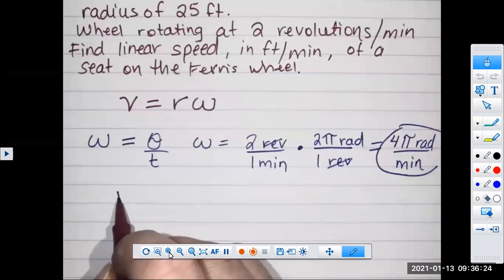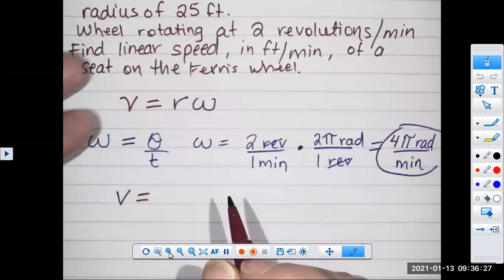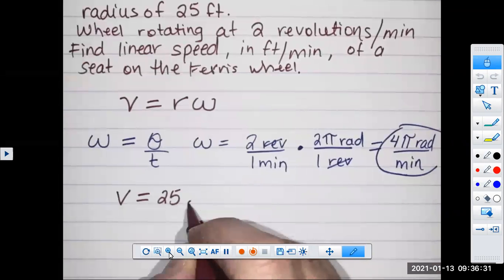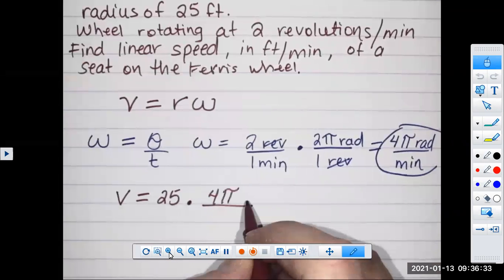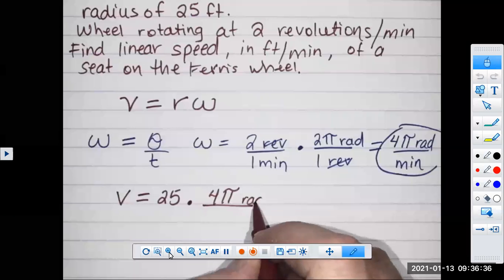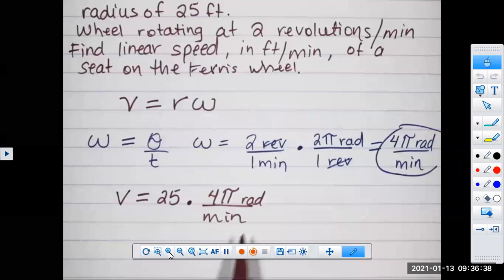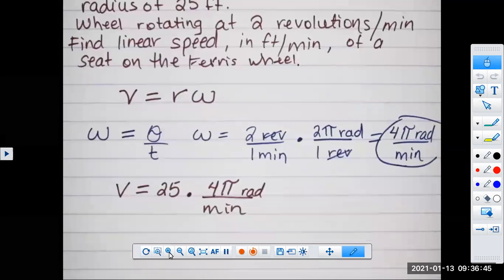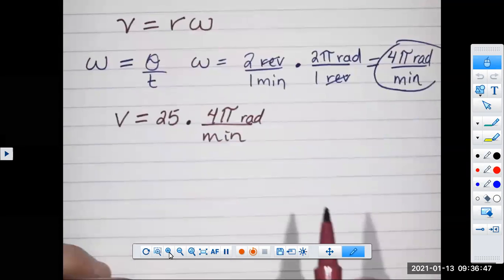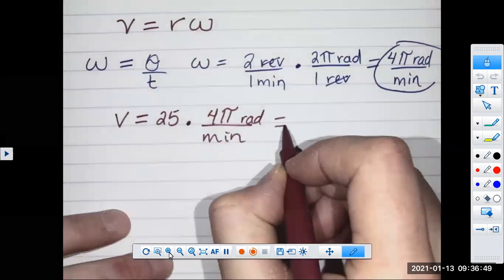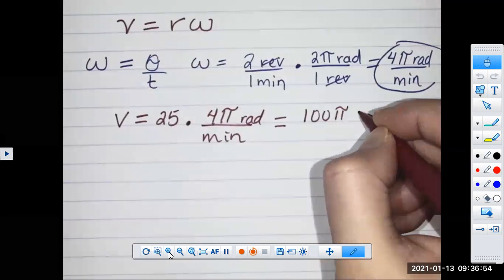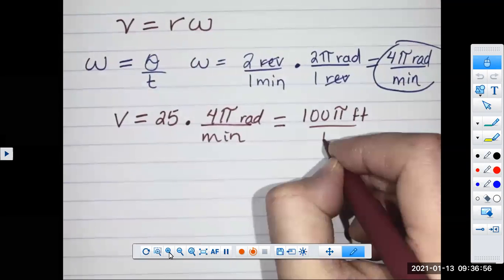Now go back and plug in, your radius was 25 feet times 4 pi radians per minute. So if they ask you to leave this in terms of pi, you would have 100 pi feet per minute.